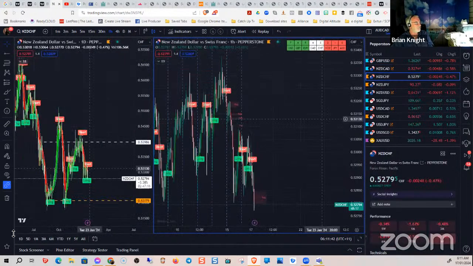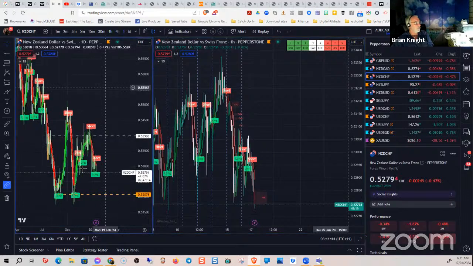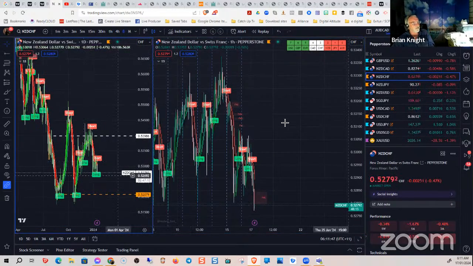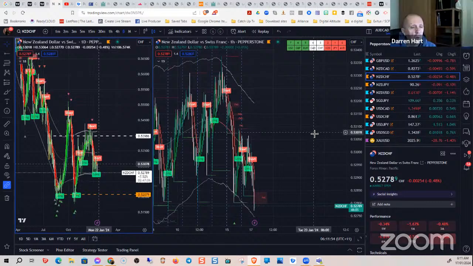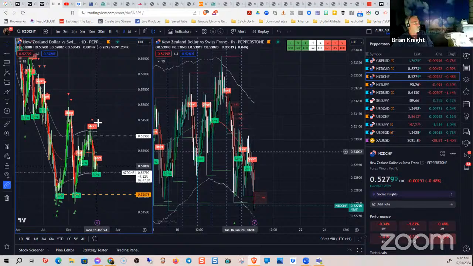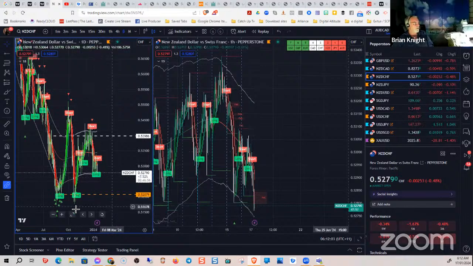NZDCHF. If you're not already in this one from a daily, this now is also broken structure. I'm not in this one. No, but it's on the other side. It's whether it pushes further.